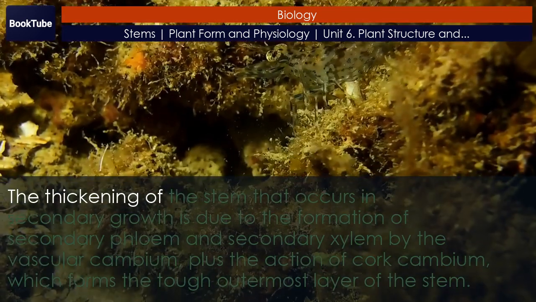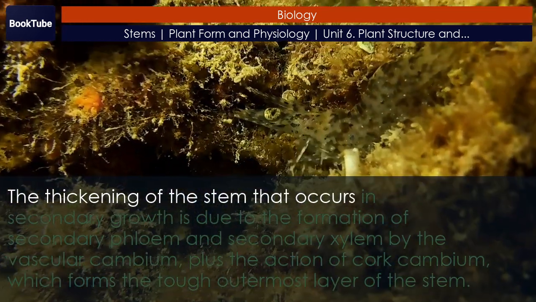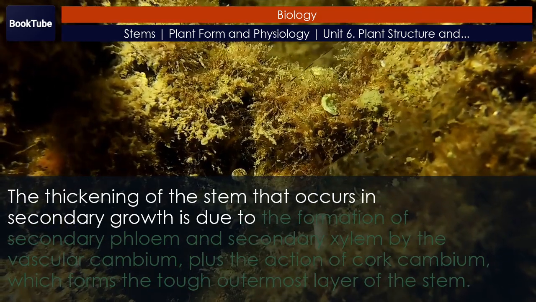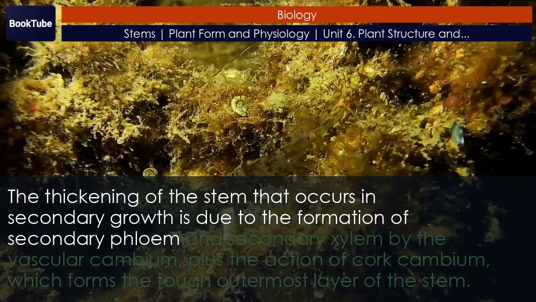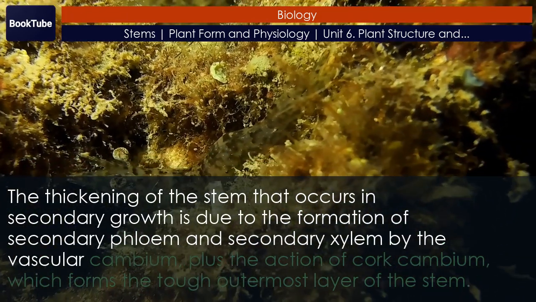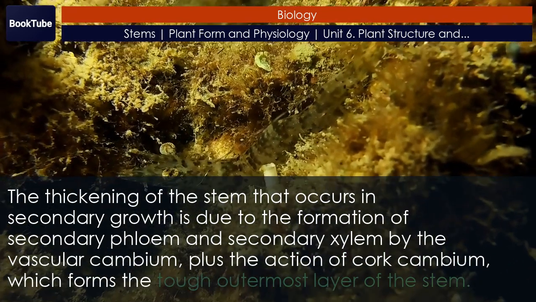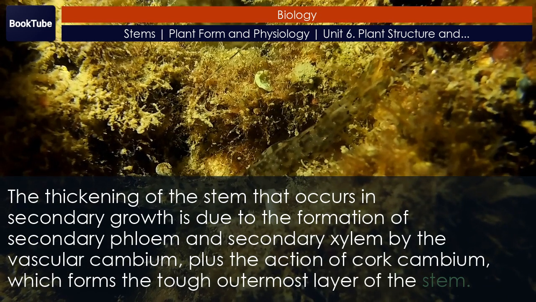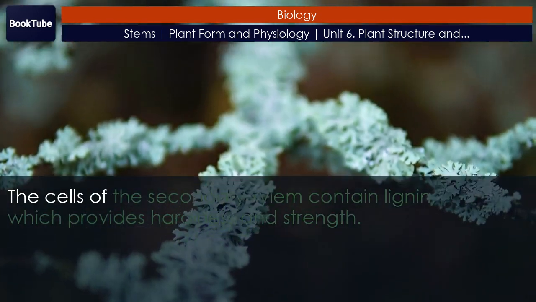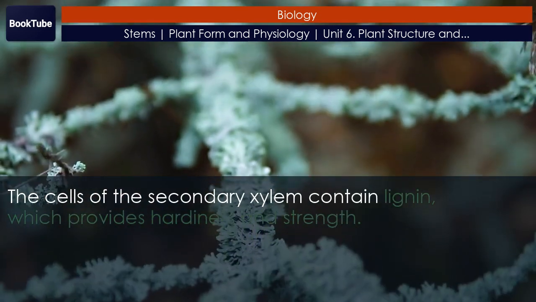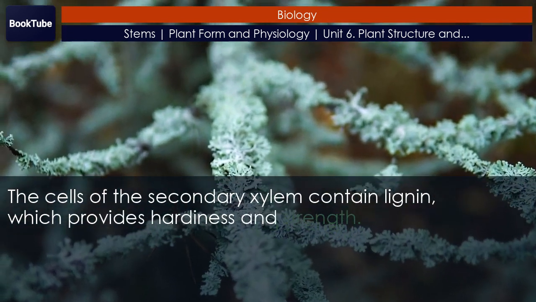The thickening of the stem that occurs in secondary growth is due to the formation of secondary phloem and secondary xylem by the vascular cambium, plus the action of cork cambium, which forms the tough outermost layer of the stem. The cells of the secondary xylem contain lignin, which provides hardiness and strength.